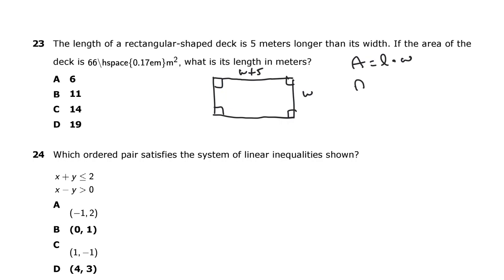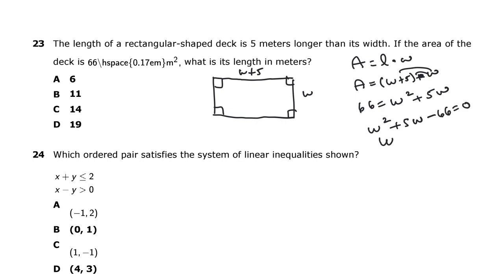So the area is equal to the width plus 5 times W. The area is 66. So it's going to be W squared plus 5W. So we have W squared plus 5W minus 66 equals 0.